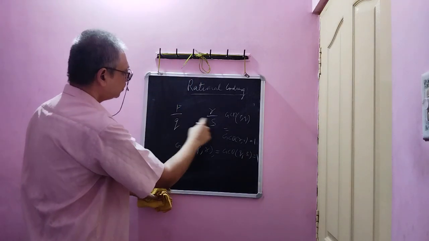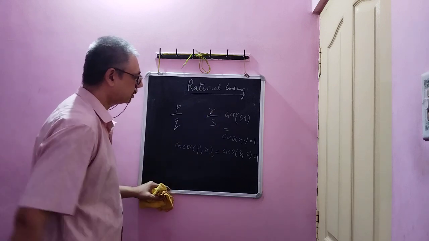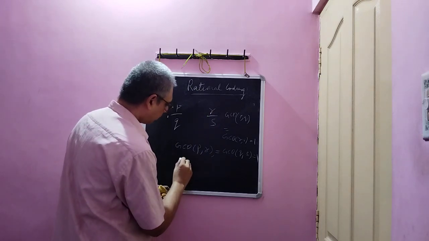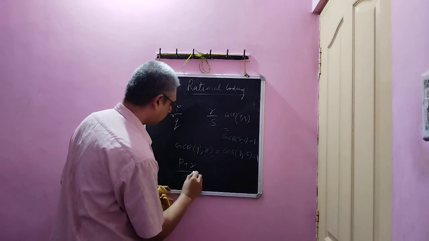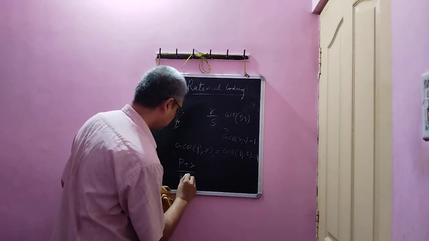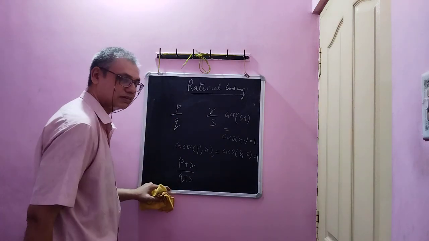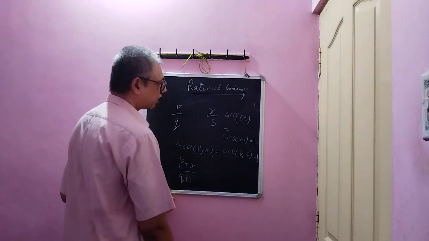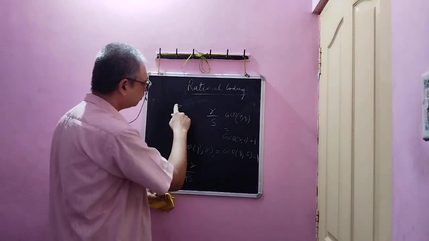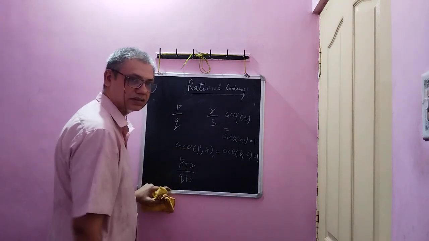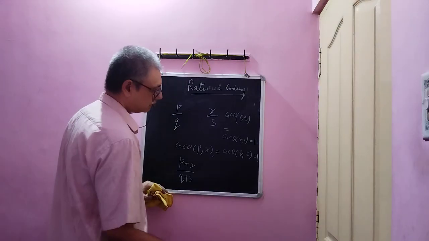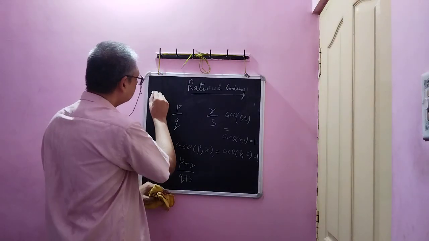If the GCD of these and these are also 1, then the proper fraction p plus r by q plus s is an intermediate proper fraction which lies between p by q and r by s. This is the general statement, or you can call it a general theory.